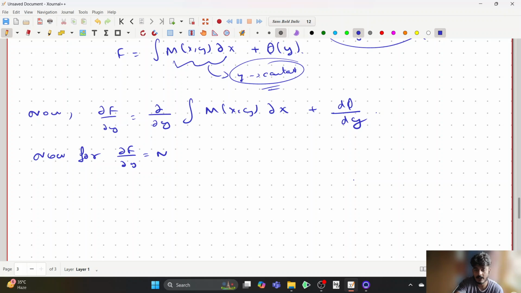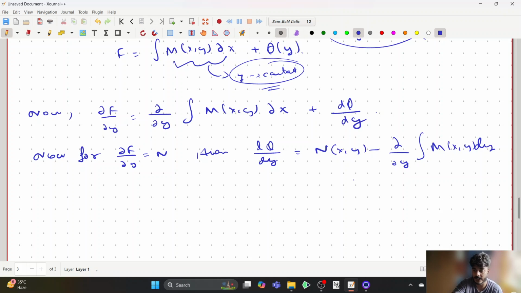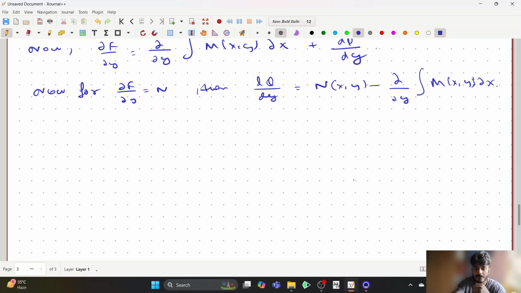Then to have that I need d phi by dy to be equal to n(x,y) minus del over del y of the integration of m(x,y) del x.